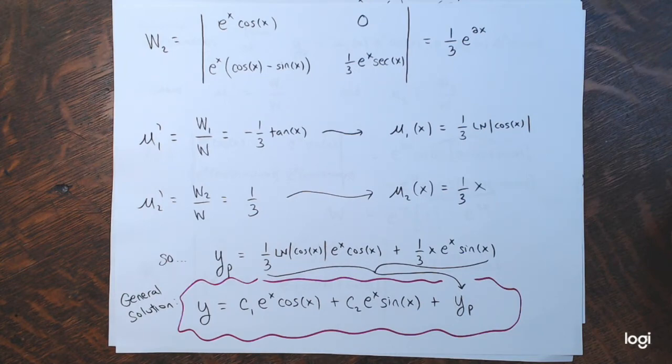Right. Yeah. So hopefully you noticed that it was pretty much the same procedure every single time. Where I find these Wronskians, and then once I have all the Wronskians, I divide W1 by W, W2 by W, and integrate for U1, U2.